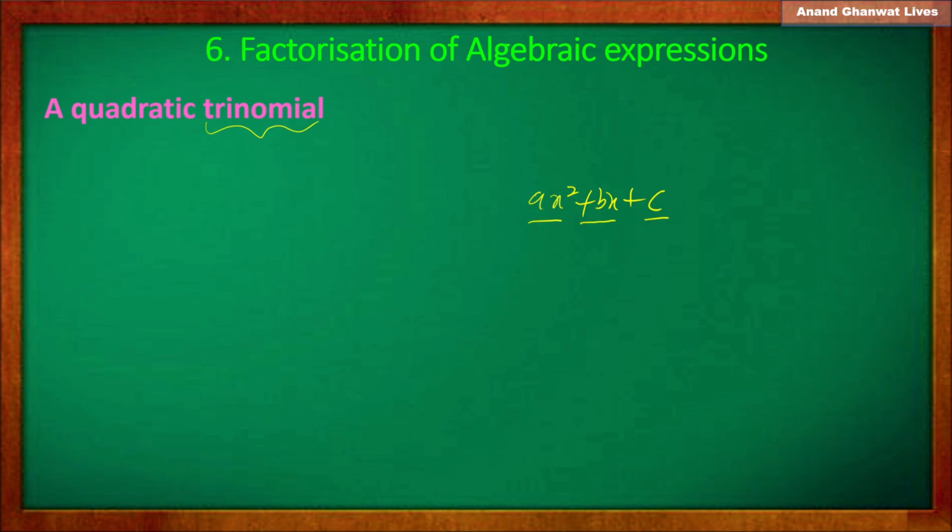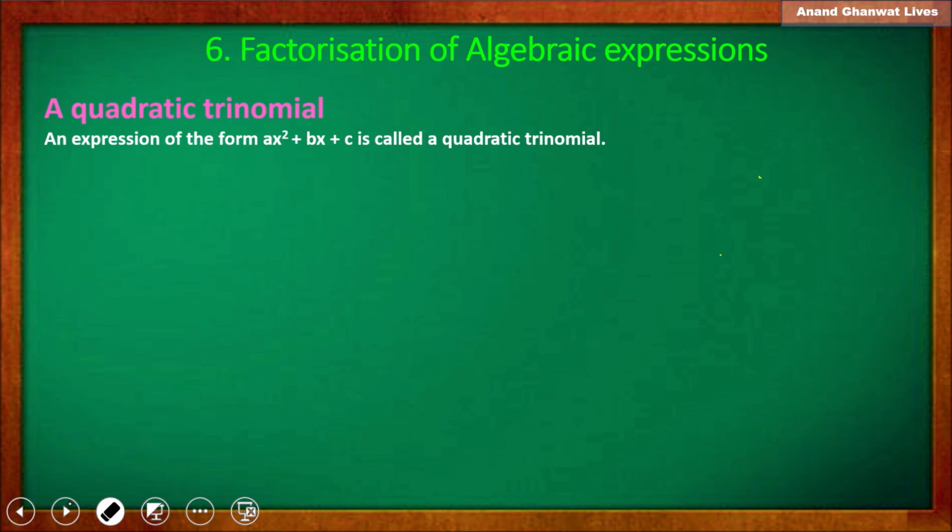Here the variable is x, and this variable x has an index, maximum index is 2. When there is a trinomial whose index of variable is 2, then it is called a quadratic trinomial. So definition, an expression in the form of ax square plus bx plus c is called a quadratic trinomial.